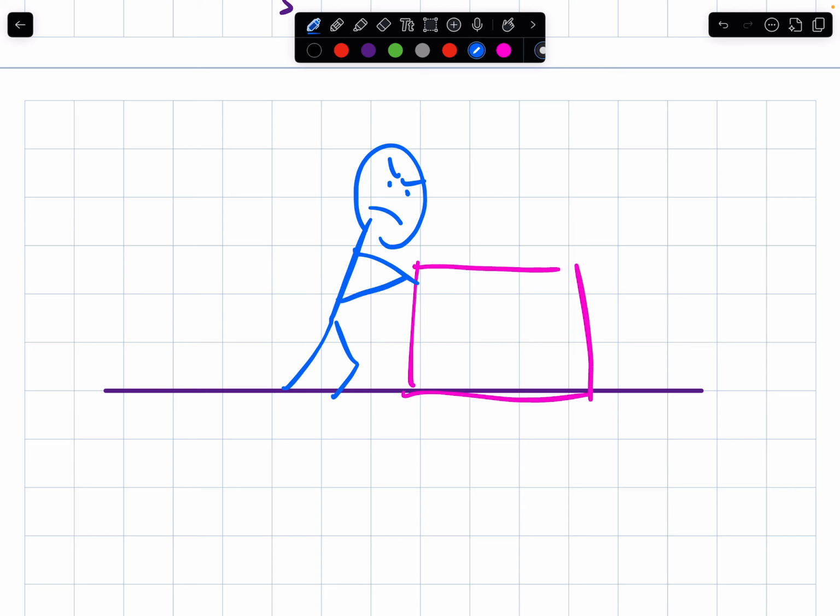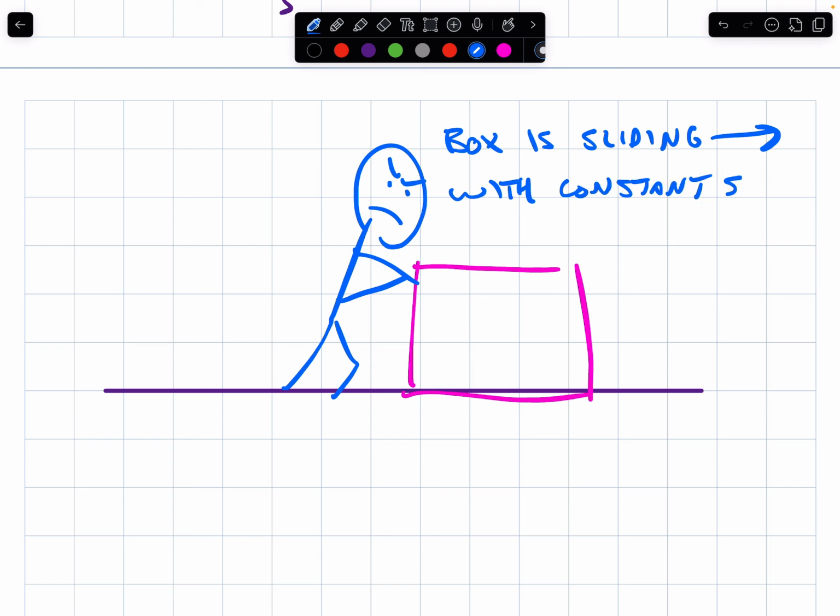Oh man, he's going to push that box till it starts to move. So now the box is sliding with constant speed. Okay, the box is sliding with constant speed.